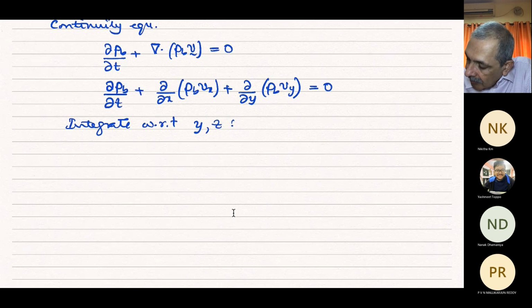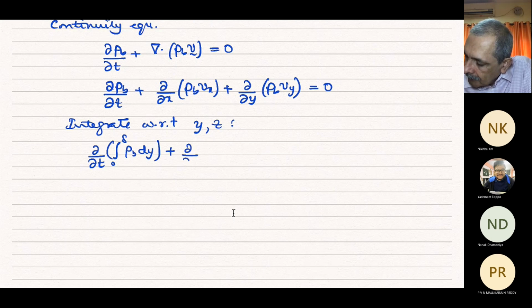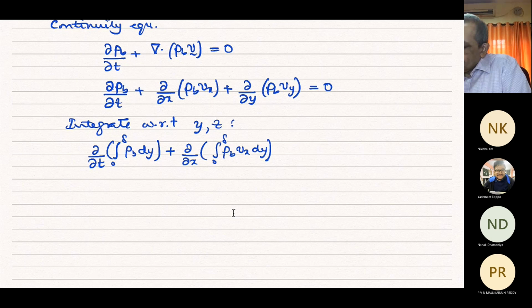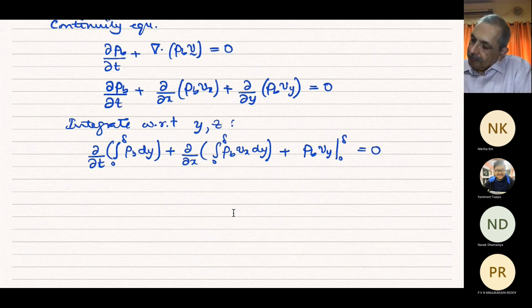And if you do this, as I said, integral with respect to z makes no difference, but with respect to y, we'll get this. And then this term is just rho b into Vy from 0 to delta is equal to 0.